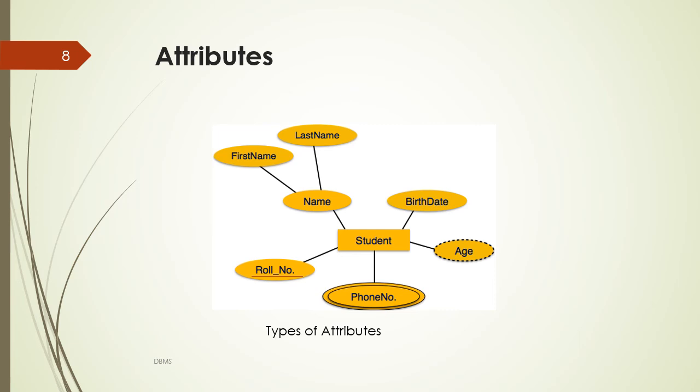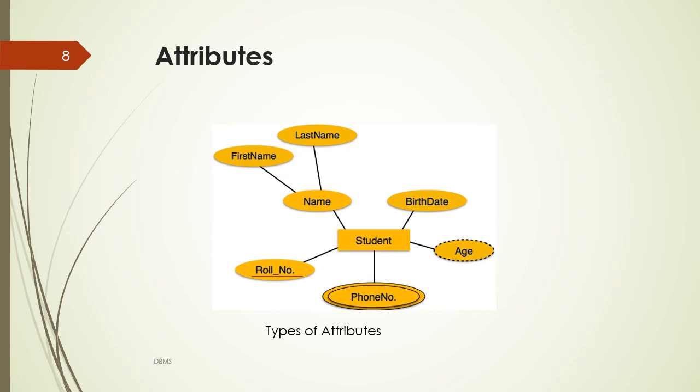Next, you have name. But if you see here, name can be further divided into first name and last name. So name is a composite attribute, that is, an attribute which can be further divided into smaller attributes. Then you have birth date, which is a single valued attribute, which means it is not further divided. Then you have age, which is in a dashed ellipse.